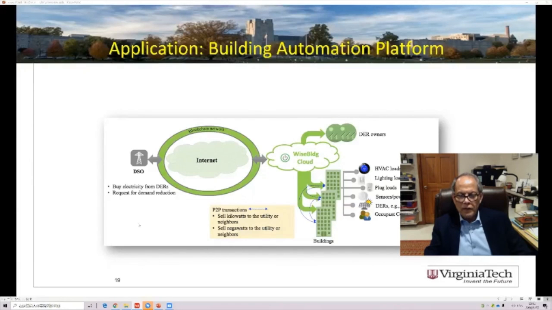All of these have to be done by the controller, with Wise Building Controller. And this is the Wise Building Cloud. That means all the information from the air conditioner, lighting load, plug load go into the account in the cloud in Wise Building. Could be hosted by Alibaba, for example. Next page, please.